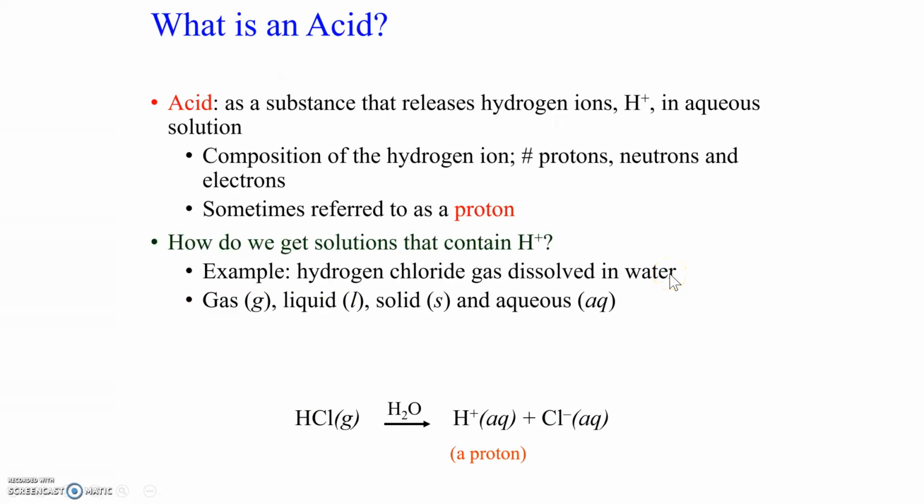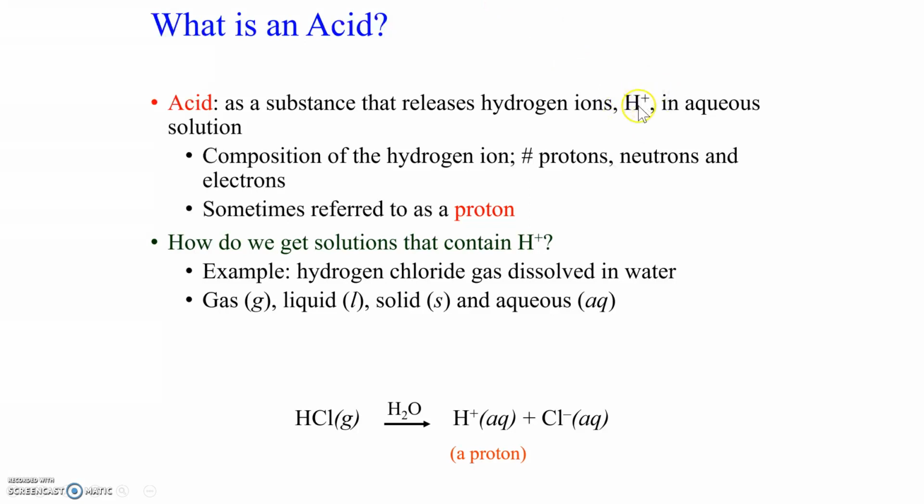Well, we know a lot more about acids now, and we know that an acid is a substance that releases a hydrogen ion in aqueous solution. So what is the hydrogen ion? The simple answer to that is H+. But let's think about the hydrogen atom on the periodic table. The hydrogen atom has an atomic mass of 1, which tells us that it has 1 proton, no neutrons, and when it is in its atomic state, not as an ion, it has an electron.